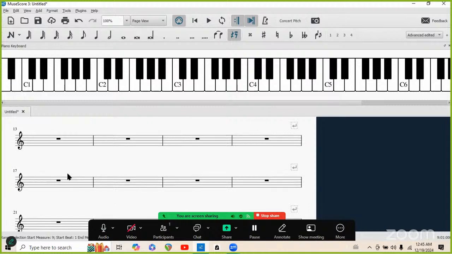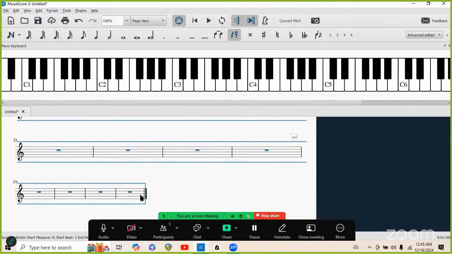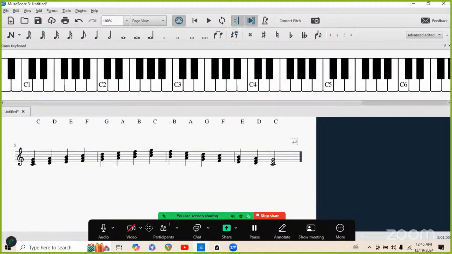And I'm just going to remove these additional bars because I don't need them right now.